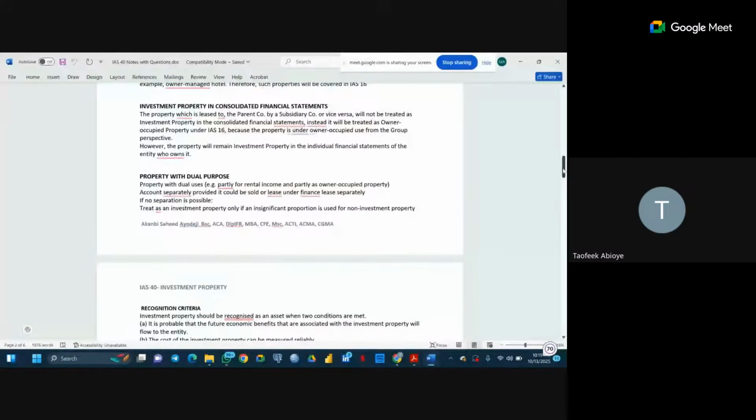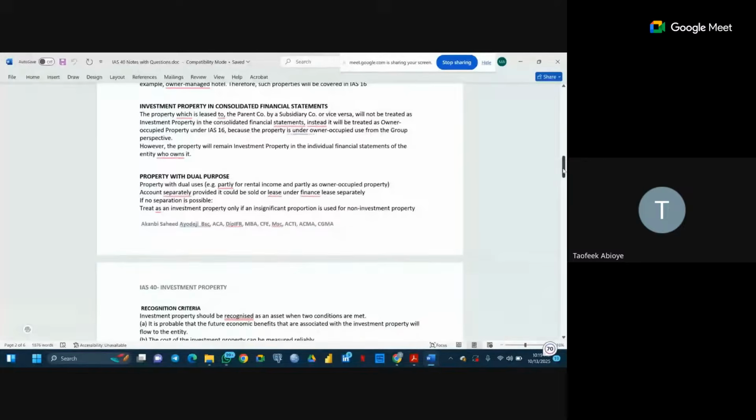In what situation can it be IAS 16 or IAS 40? If accountants can separately provide clarity on the portion that is being held for administrative purpose against the one that is being held for rental income, then they are good to go. They can recognize the portion that is IAS 16 and the other one that is IAS 40.